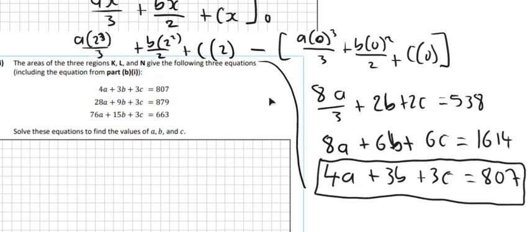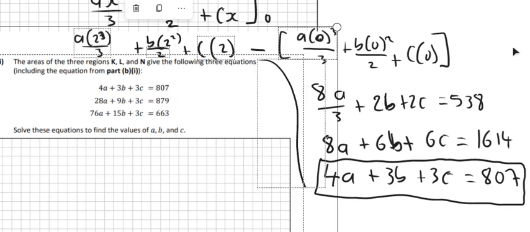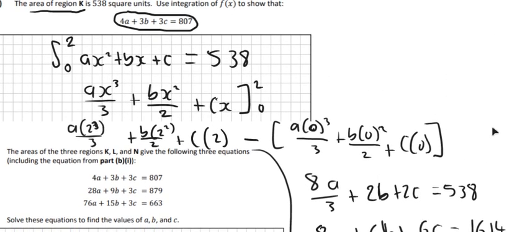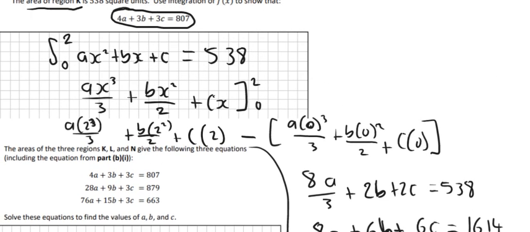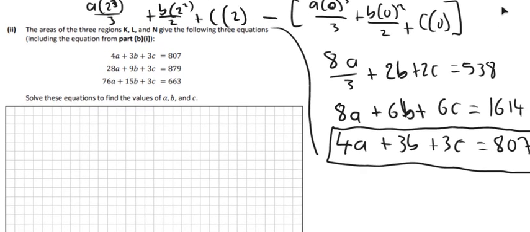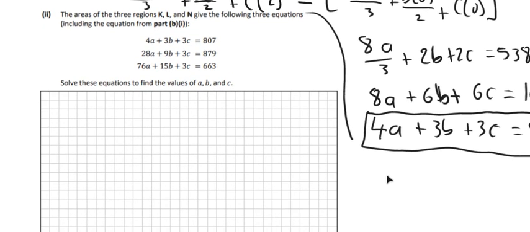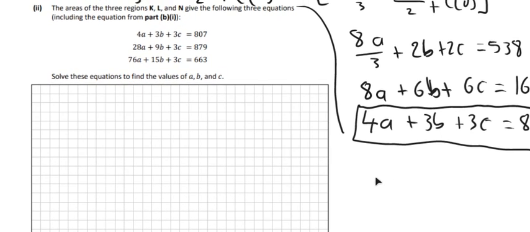If you check back up, yeah, that's what they asked us to show at the start of the question. So that's that part. The next part just looks like simultaneous equations, so it looks like a big long question on simultaneous equations.